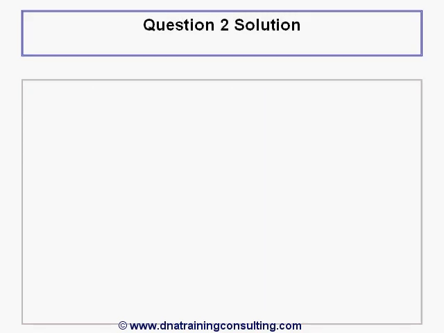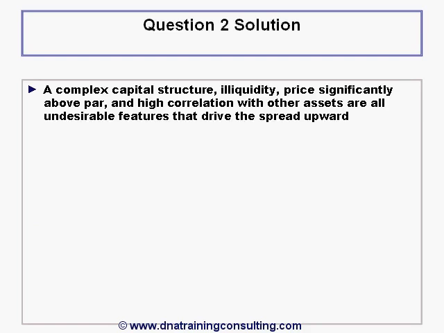Solution to question 2. A complex capital structure, illiquidity, a price significantly above par, and high correlation with other assets are all undesirable features that drive the spread upward.